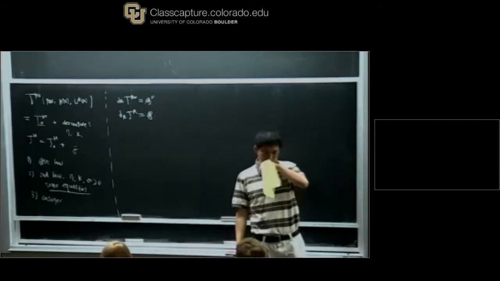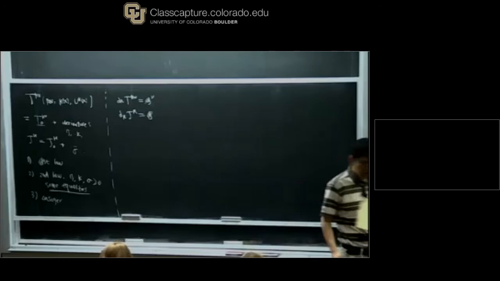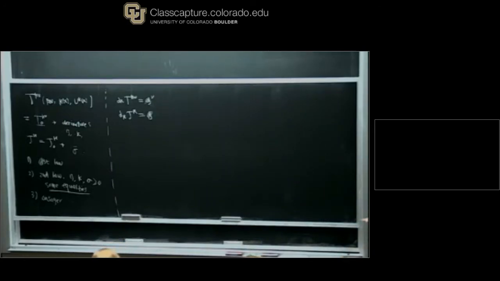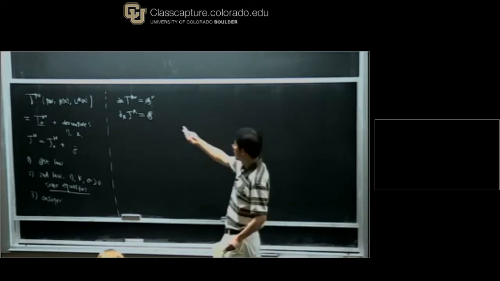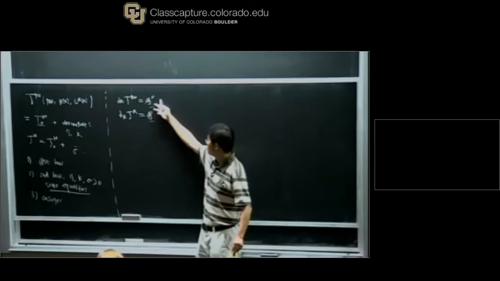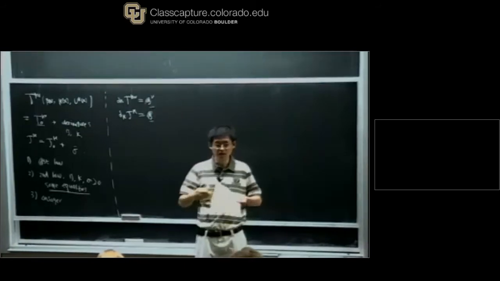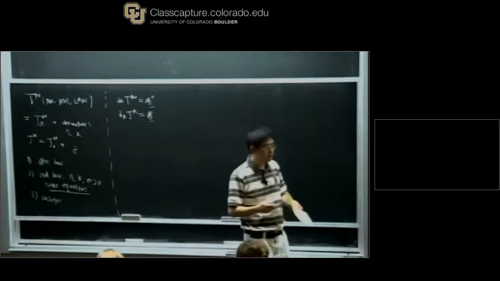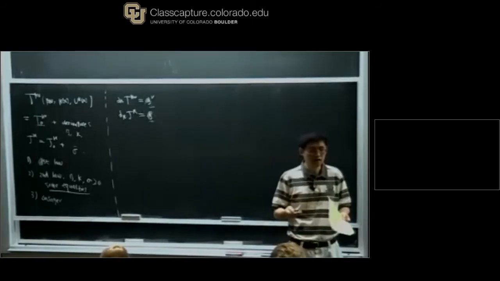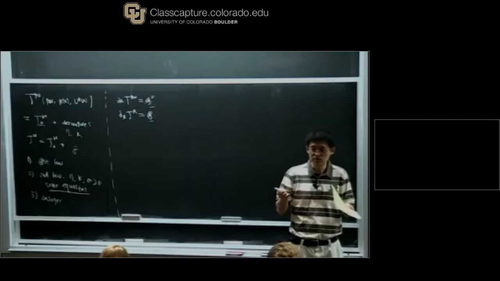This treatment works very well if you are only interested in linear perturbation around equilibrium. Actually, this captures the full story. But if you want to go to the nonlinear story, or to the non-equilibrium situation, far from equilibrium, then it's actually not clear how you write down this stochastic force, and also how you write down their fluctuations, because now their fluctuations will depend on whatever non-equilibrium situation you are in.